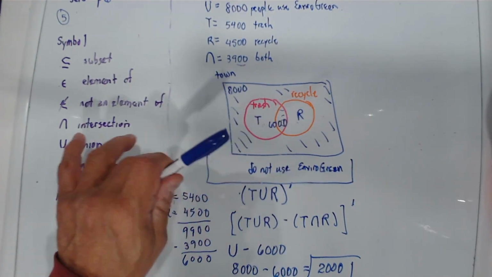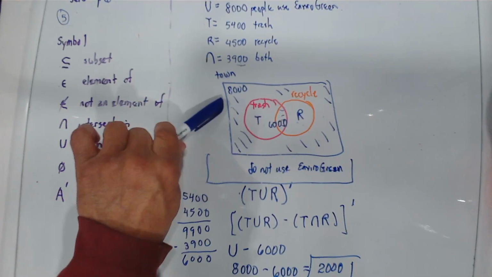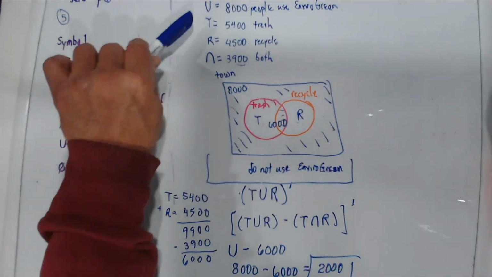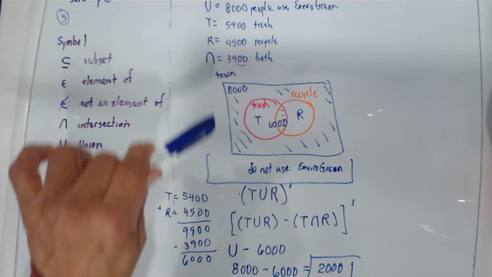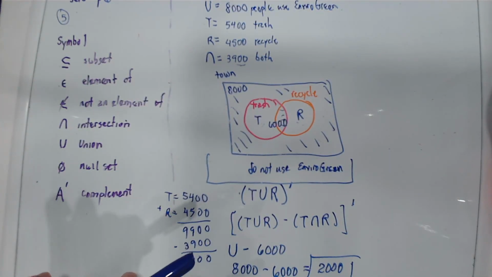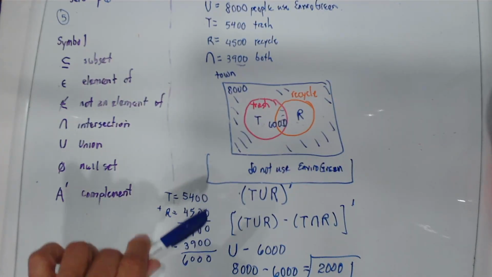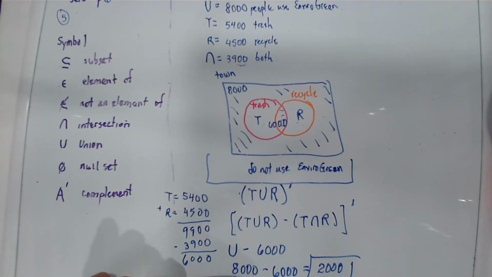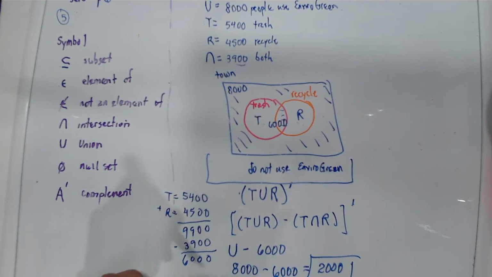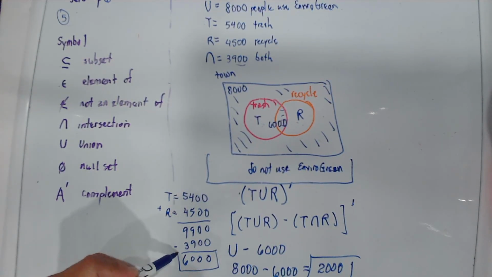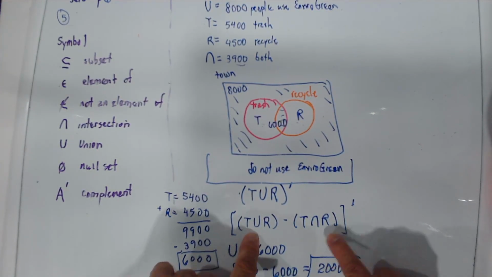Well, we find our total, and what's our total? The total they gave us was 8,000 people. So our total, or the universal set, is 8,000, and they want everything that's not in these two, so we subtract that, and that value is the 6,000 that we have here, and that came from this value right there.